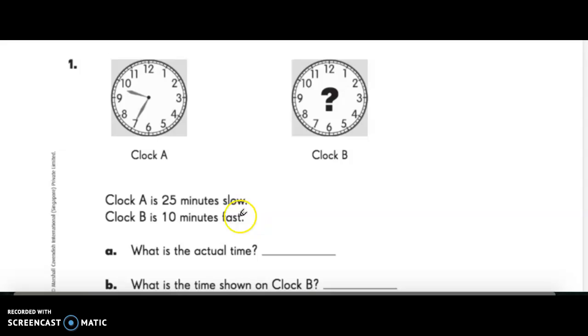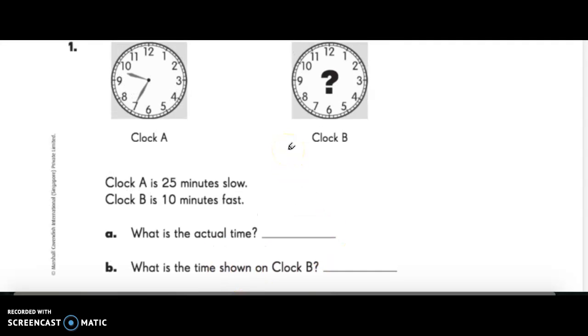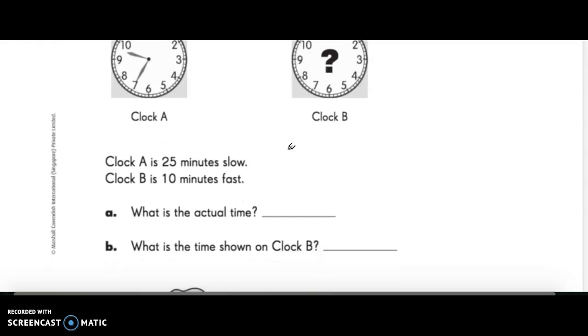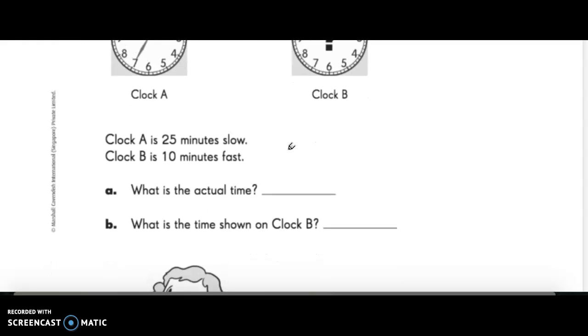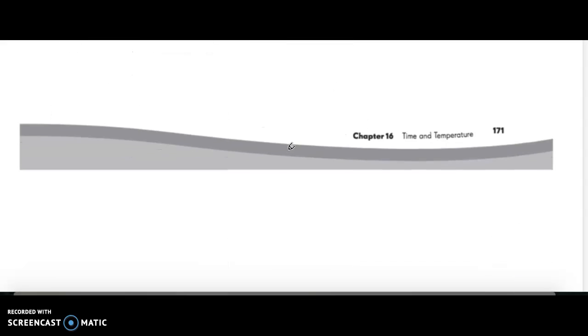And if it's 25 minutes slow, then it means it's behind and we need to push it ahead. Now, if clock B is 10 minutes fast, okay, then we should be able to figure out from there by going back, okay? So you got to be thinking about what slow versus fast means, okay? And there's going to be a lot of these, so make sure we're getting comfortable with that.